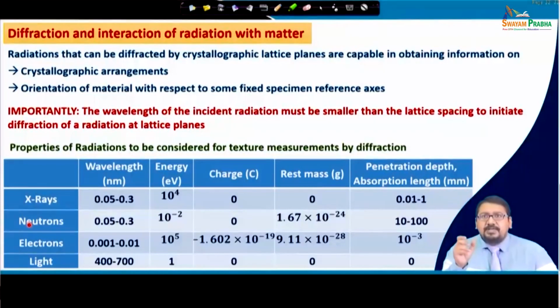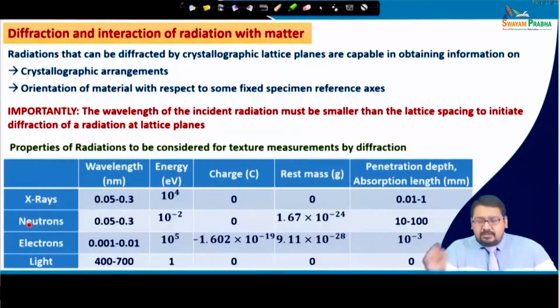Now, why is this? We will come to this at a later stage, but still you see that neutron diffraction has no charge and it interacts only with the nucleus of the material, and therefore it has a lot of space to go and have a large penetration depth without any absorption, just by logic.